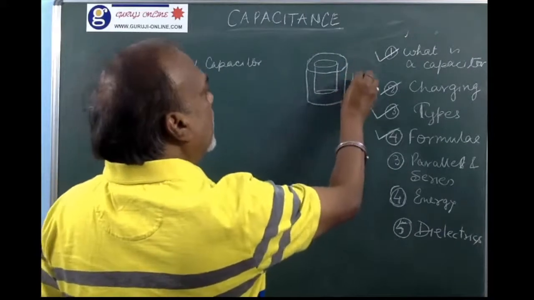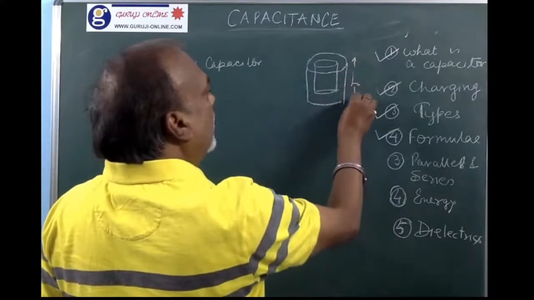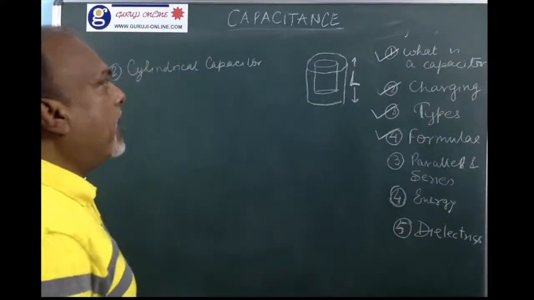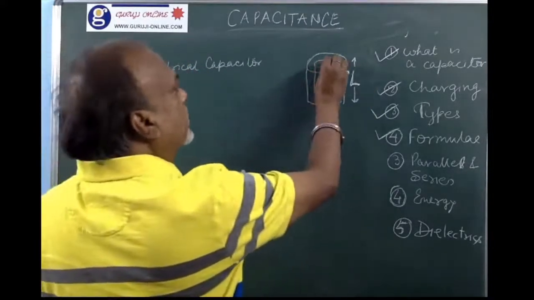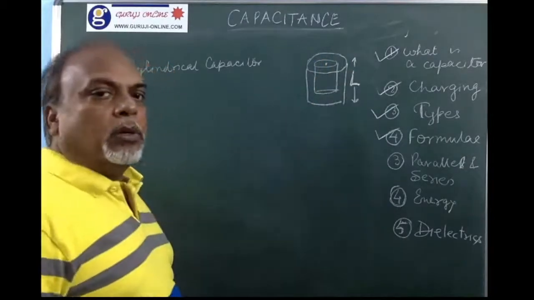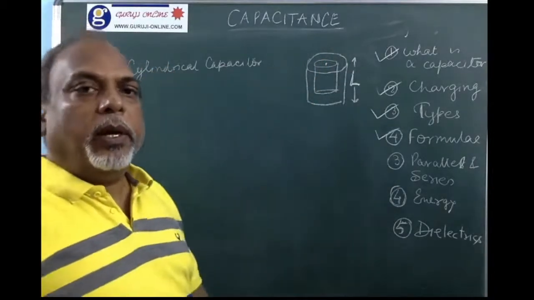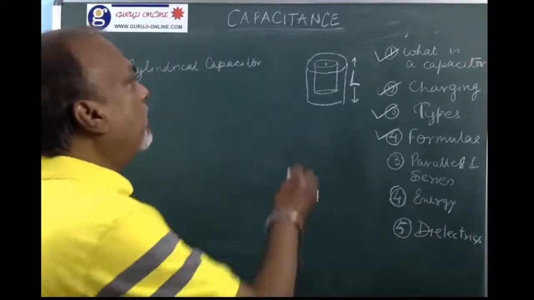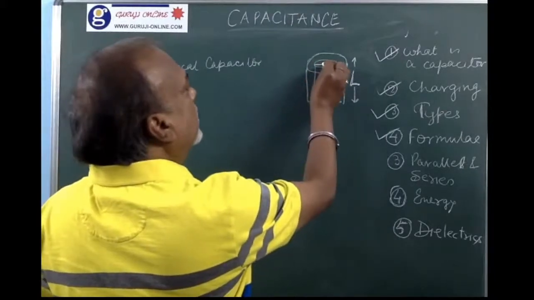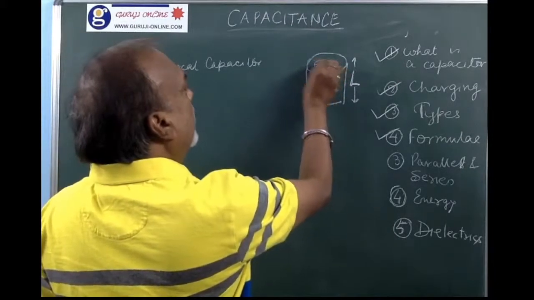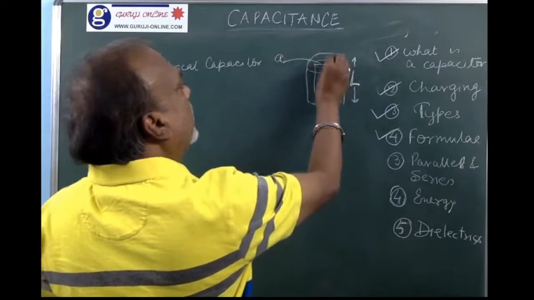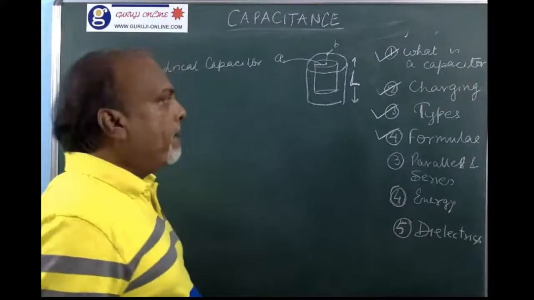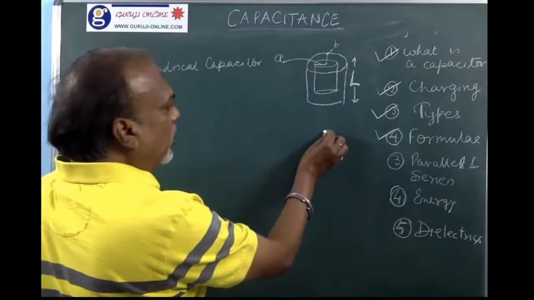Suppose this is of length L, and its radius is A inside, and this outside is B. Let us draw the cross section of this.